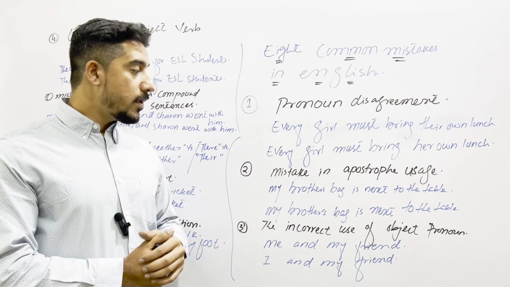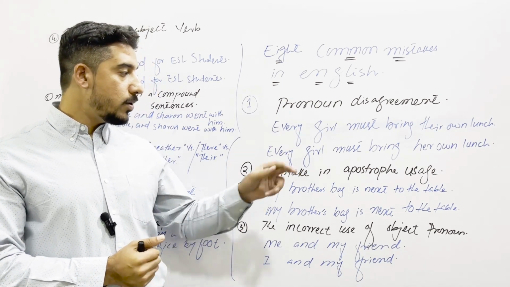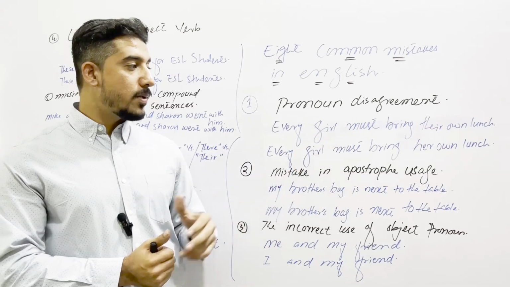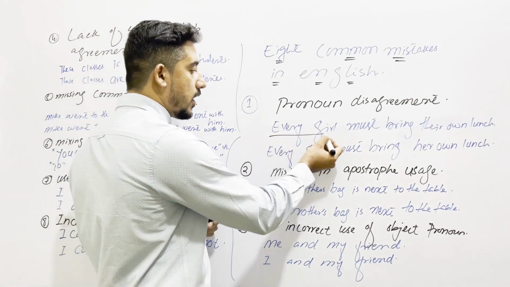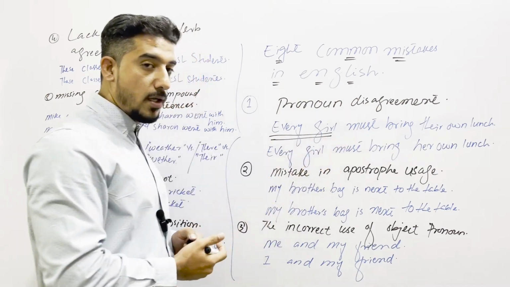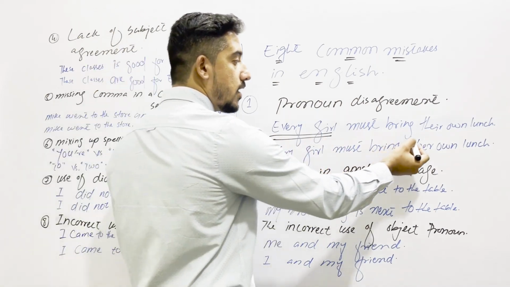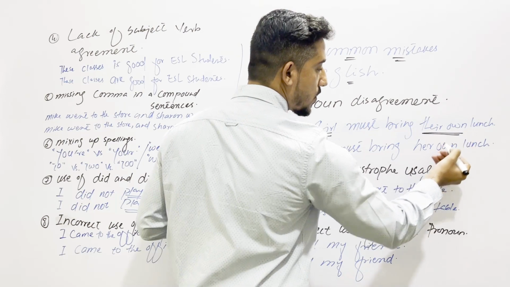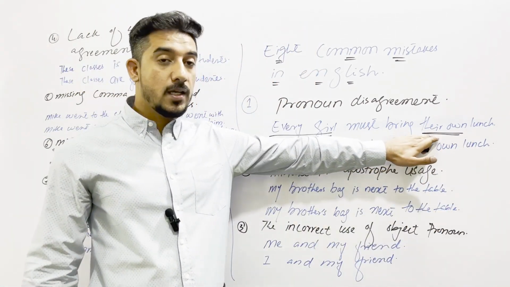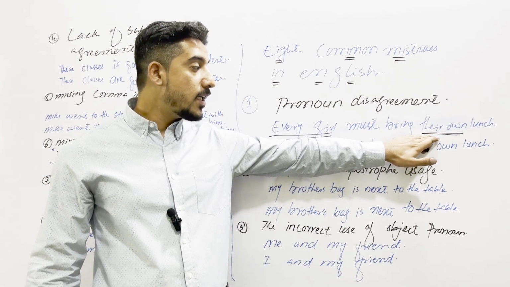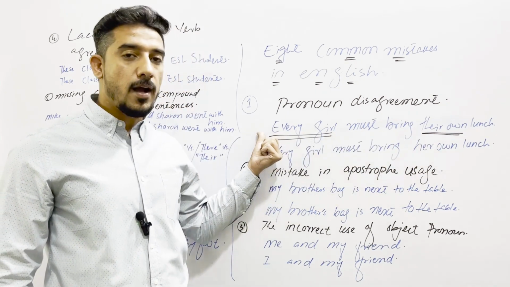Now, the example that I have given you on the whiteboard is: every girl must bring their own lunch. If you see here, the noun is singular, but the pronoun here does not agree with this noun.